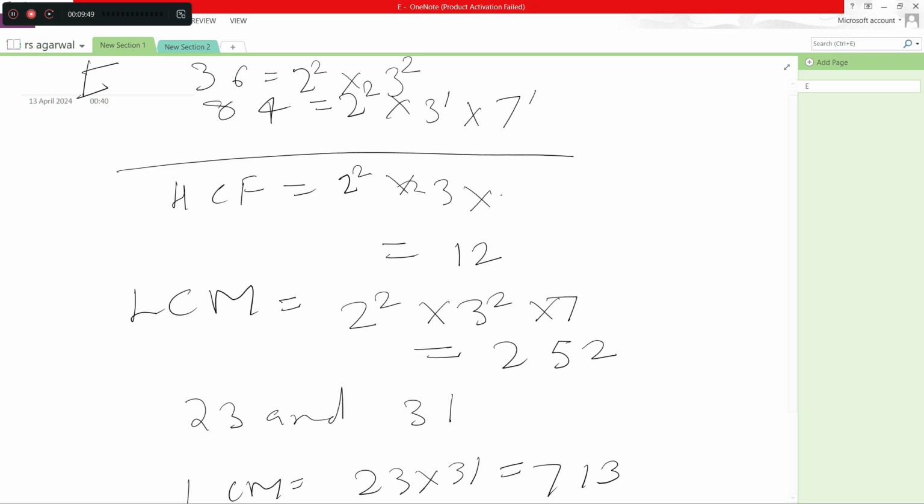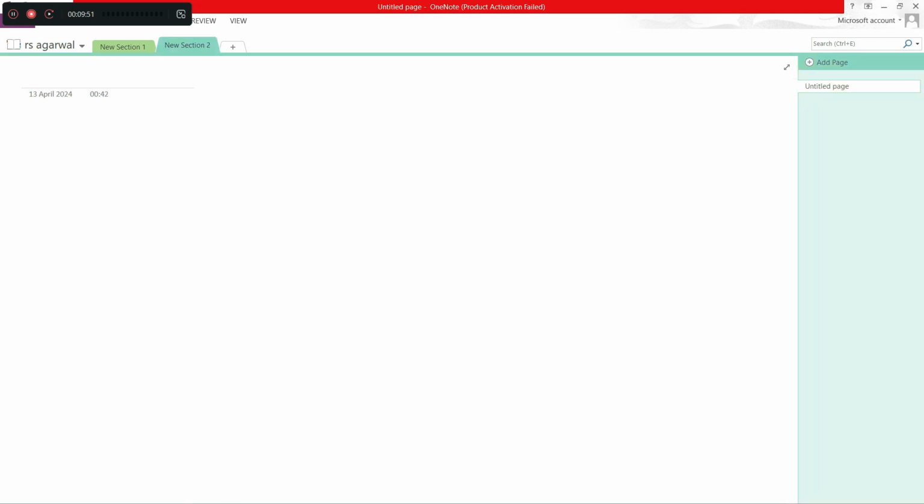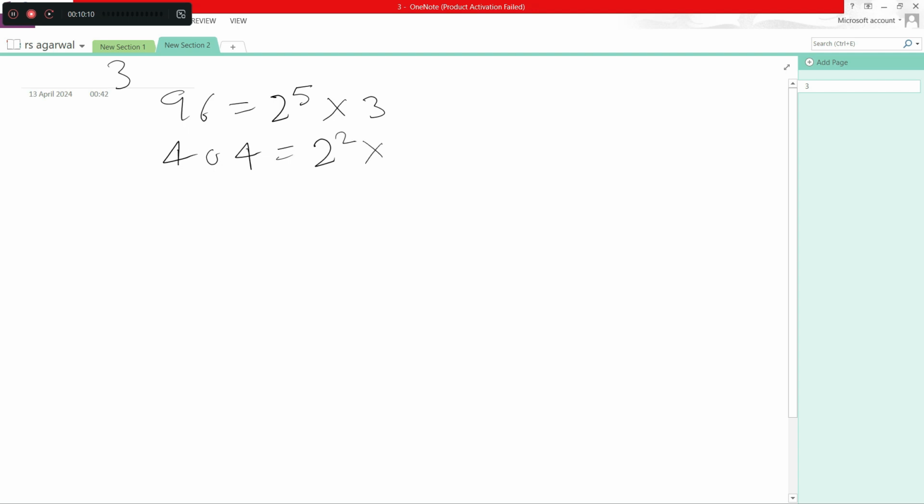So we'll see. 96 equals 2 to the power 5 into 3. After that, 404 equals 2 square into 101. I think 101 is not divisible by any number.